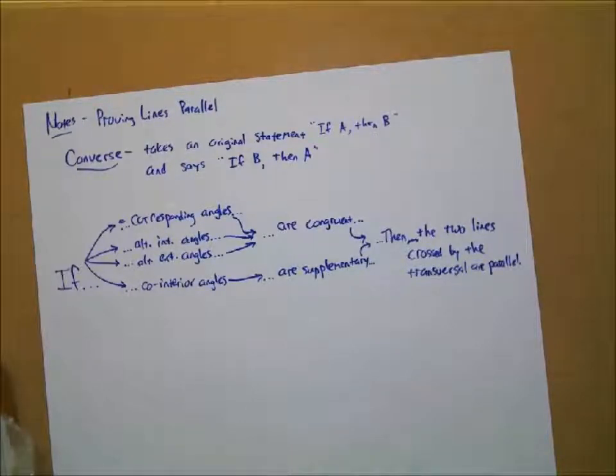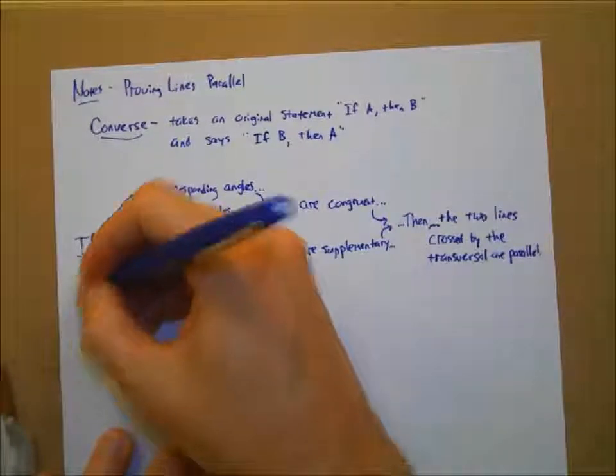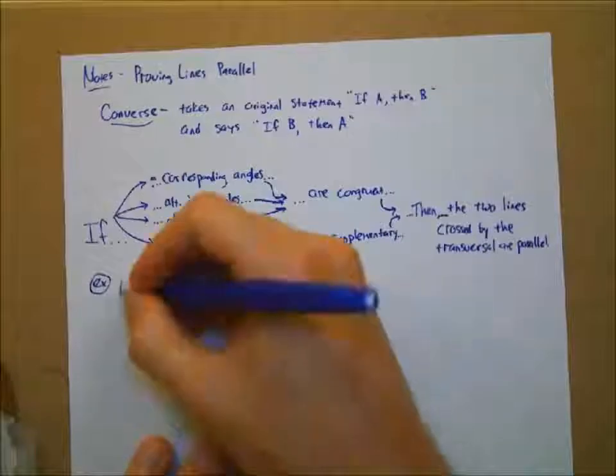These are the converses of the corresponding angles, alternate interior angles, alternate exterior angles, and same side or co-interior angles theorems. So if we don't know the lines are parallel, how can we prove they're parallel? Well, if you see a pair of corresponding angles that are congruent, or a pair of alternate interior or alternate exterior angles that are congruent, then you know the two lines are parallel. If you see a pair of co-interior angles that are supplementary, then you know they're parallel.